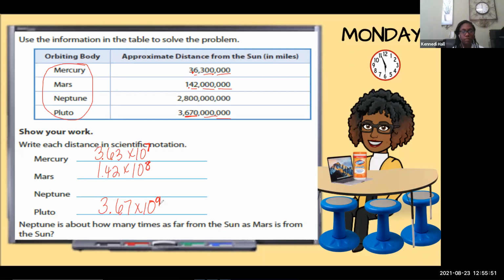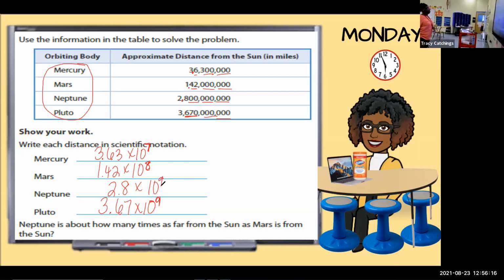And he gave us Pluto. All right, somebody else was unmuted. You want to give us that one? 9. 2.8 times 10 to the 9th power. Good job. So it looks like most of us understand what is going on.